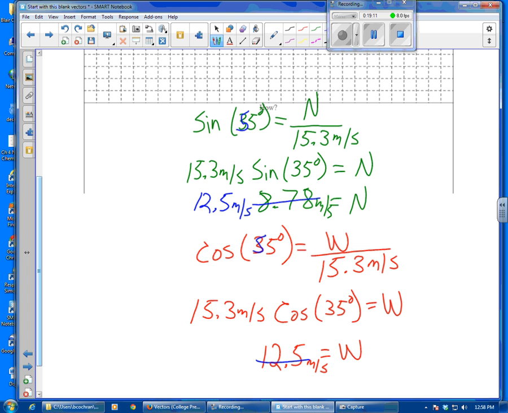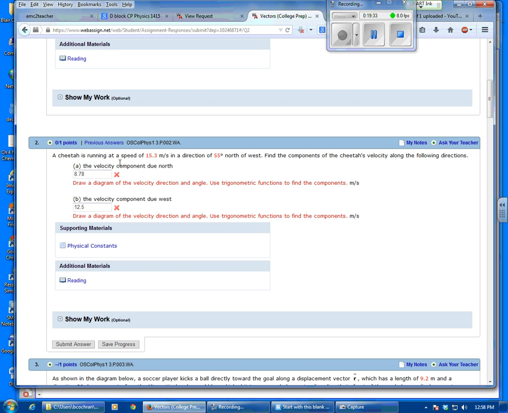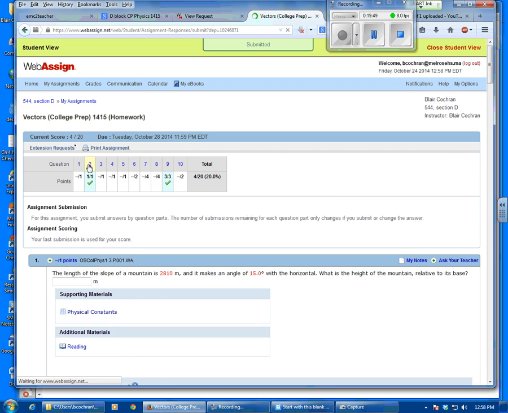They're just going to be swapped, because I put in the complementary angle, and so they're just reversed. It's one of those mathy things. If you put in the complementary angle like I did. I put in 35, which is the complementary angle of the angle it gave me, which is 55.